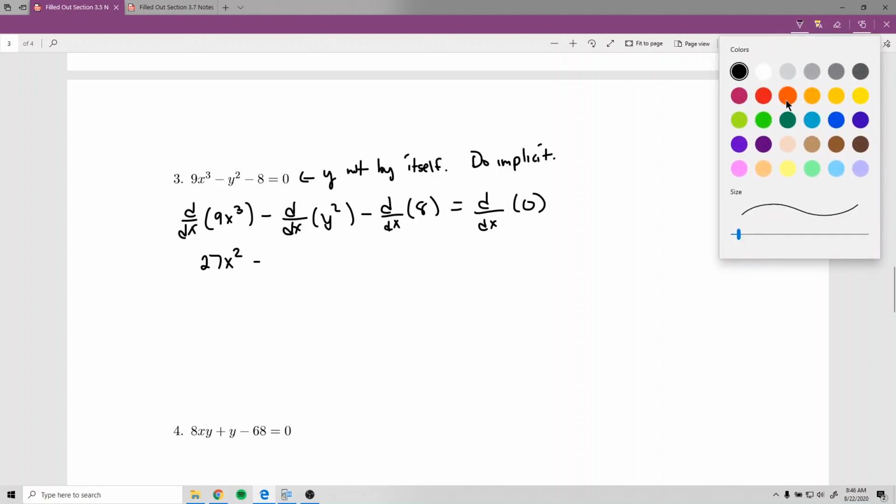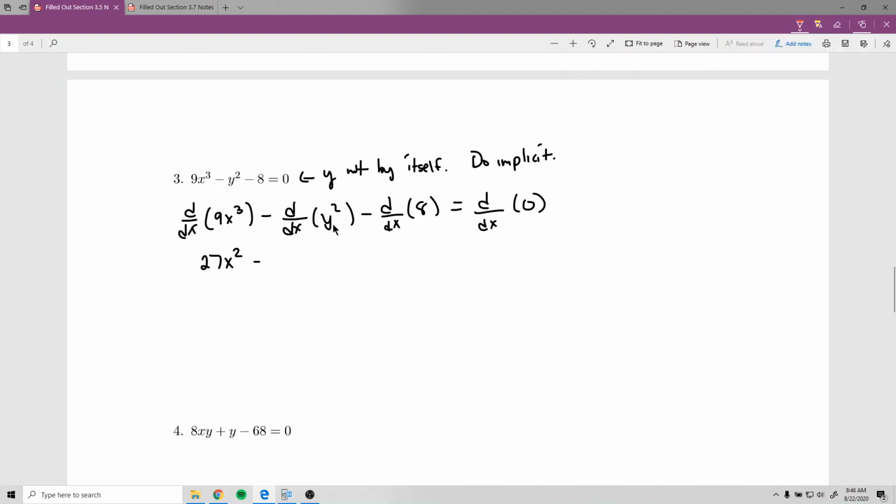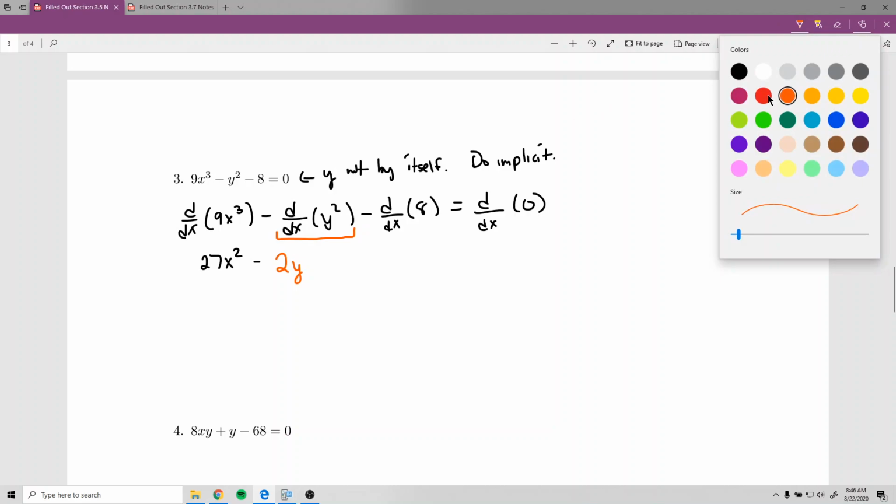Now I think this is one where it'll help click more what we're doing because we have to do something here. The derivative of y squared, if we had x squared, we know we would do the derivative of that is 2x, so we get 2y, the power rule part.